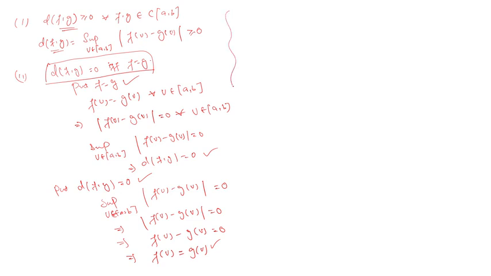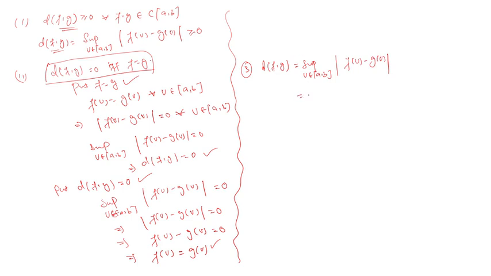Now let's try to prove also the rest two conditions. What's the third condition that I have to prove? The symmetry. So I will take d f comma g, and I know the definition of d f comma g, and that is equal to the supremum over u in a comma b of mod f of u minus g of u.